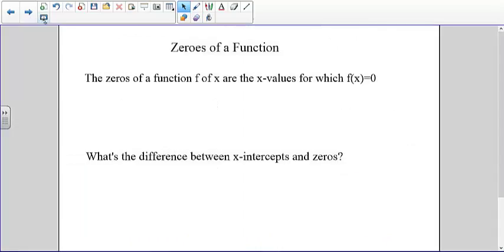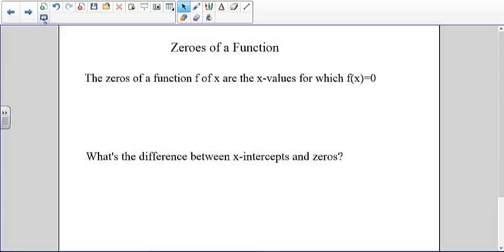Okay, the next thing is finding the zeros of the function. We've talked about that before, and it's really just the x-intercepts. The zeros of a function are the values of x where the value of the function is equal to 0. That has a large significance in mathematics.